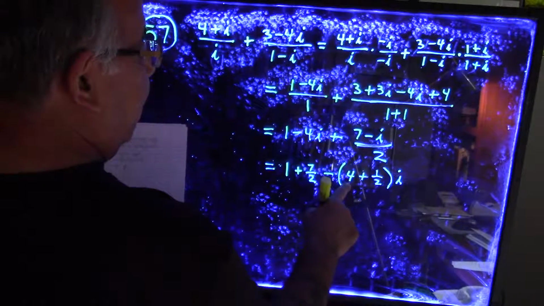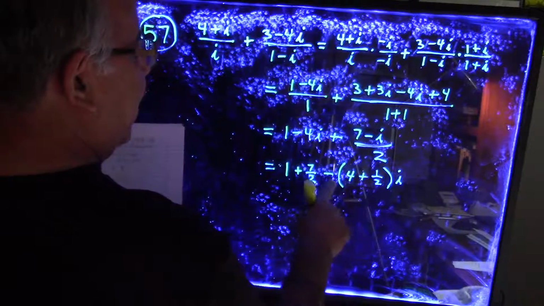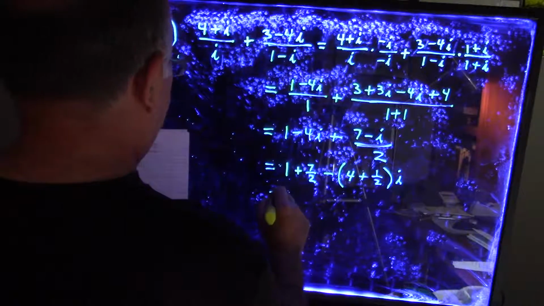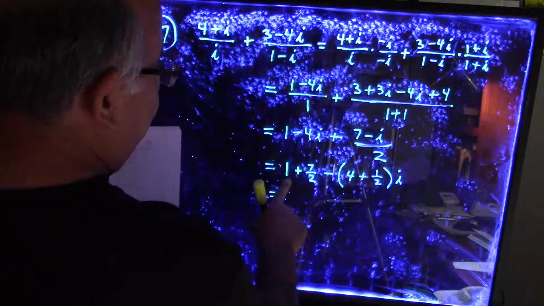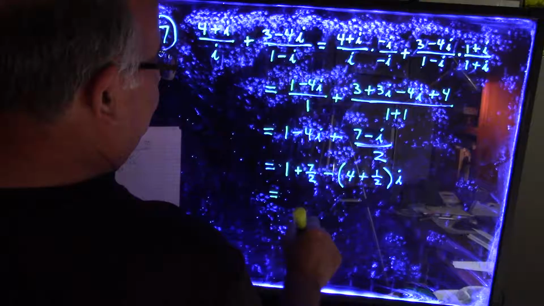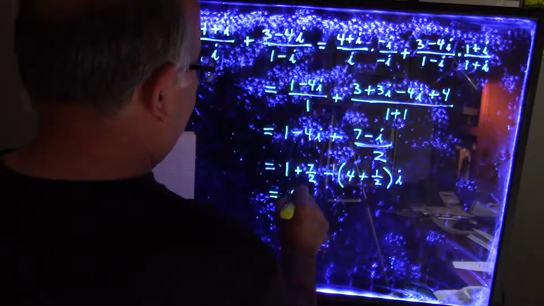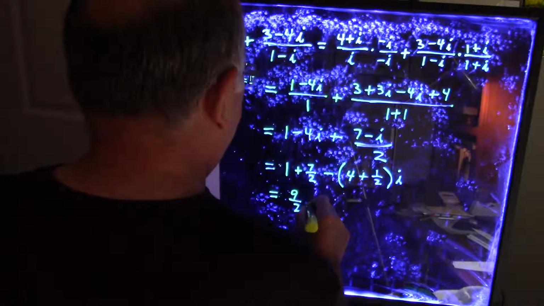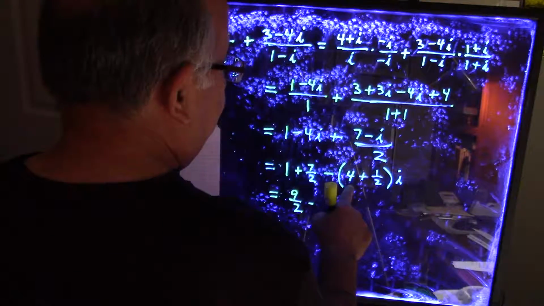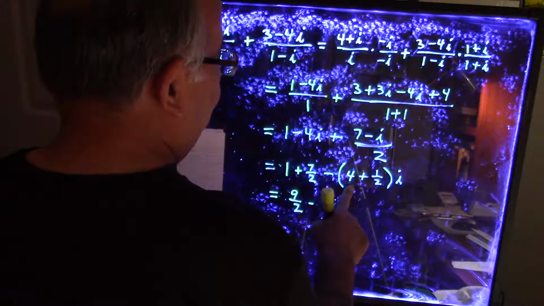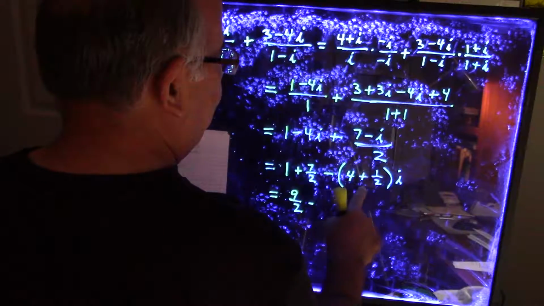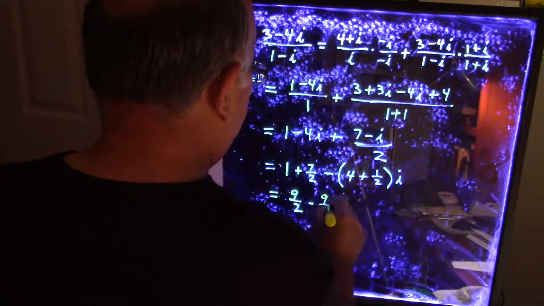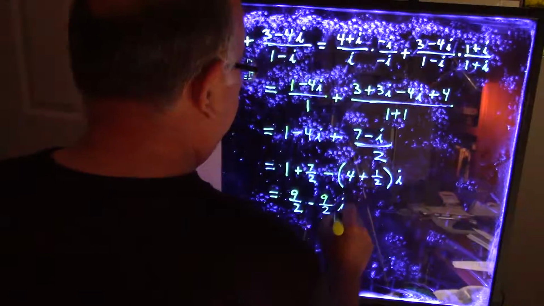I just put the minus in front of parentheses. Alright, so that becomes 2 over 2 plus 7 over 2 is 9 over 2. And then you've got minus, and this becomes 8 over 2 is 4. 8 over 2 plus 1 over 2 is, again, 9 over 2, i.